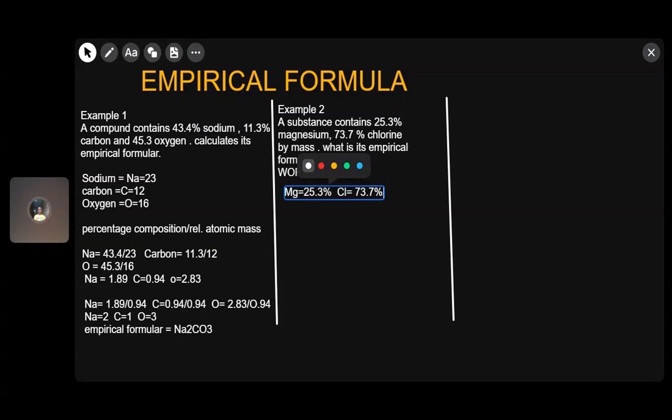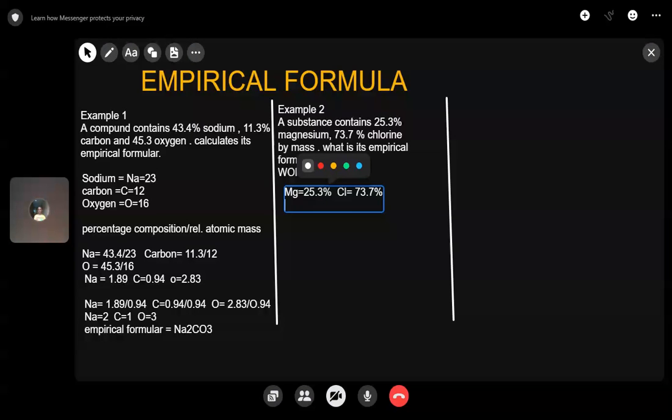Now we have to find the empirical formula as usual. Let's bring out the relative atomic mass.